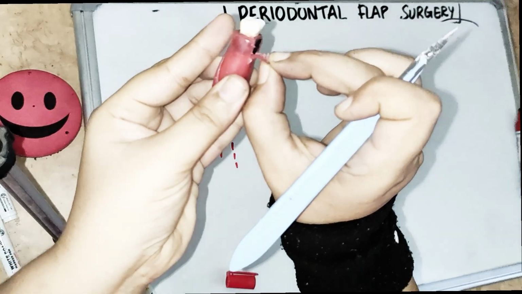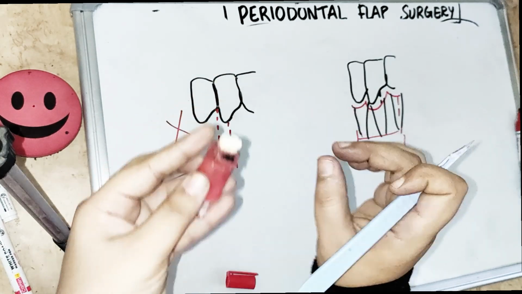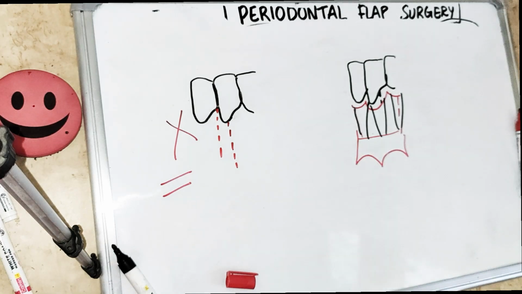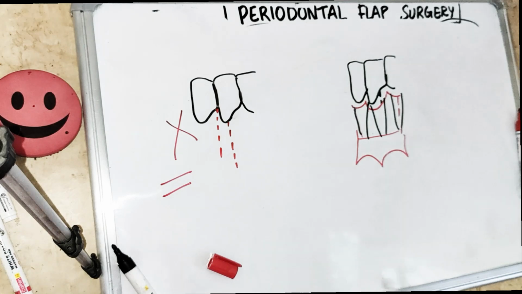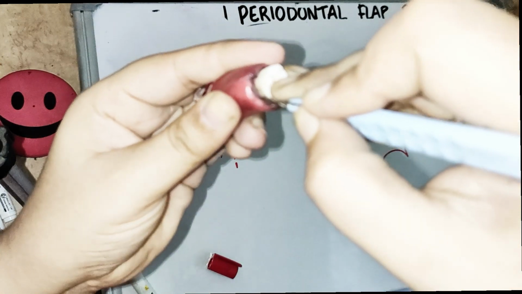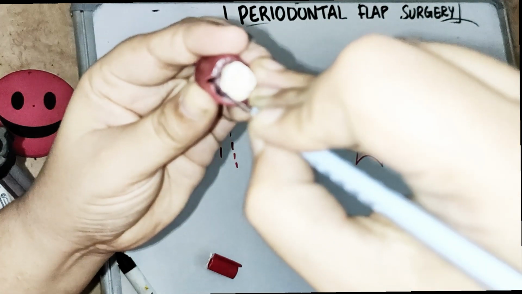So this is how you can open up. This is the releasing incision which releases the tissue. So the envelope incision is when you are not giving any vertical incision, only a horizontal, crevicular incision, so this will become like an envelope.